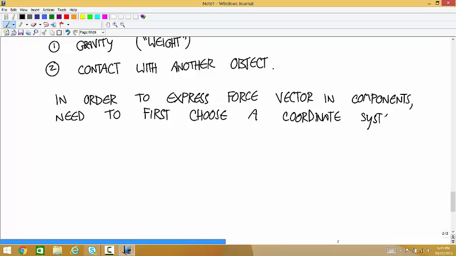And the reason we want to get force vectors in components is the same reason that we wanted to get position, velocity, and acceleration in components. It's easier to do math once you have it in components. So in all these problems, we're going to define a coordinate system.